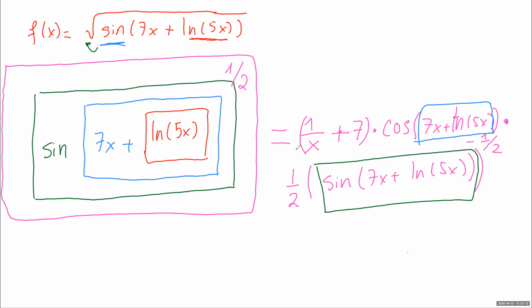So this is 1 plus x, the derivative of the black box. And 7 here is the derivative of 7x, right? And then multiply by cosine, which is the derivative of sine, but in terms of the blue box. And then multiply by 1/2 to the negative 1/2, but in terms of the green box.